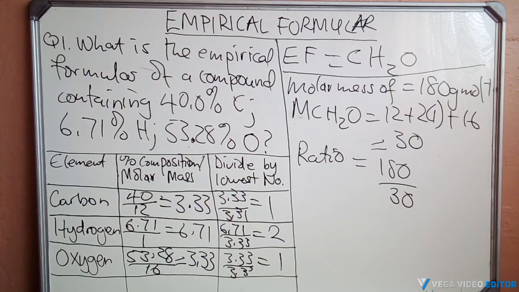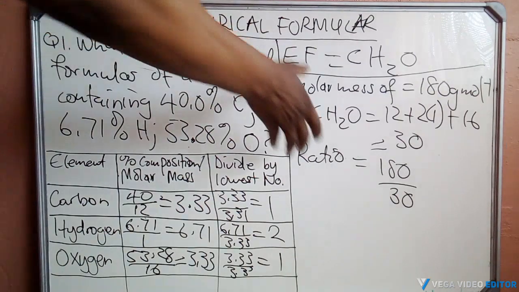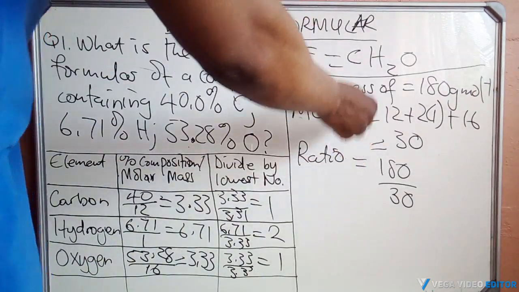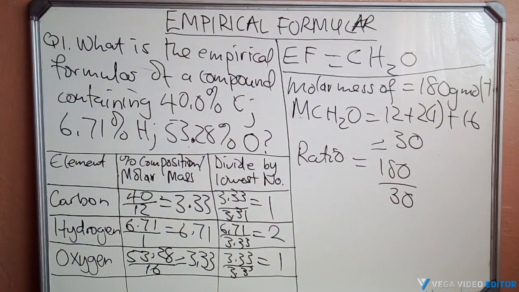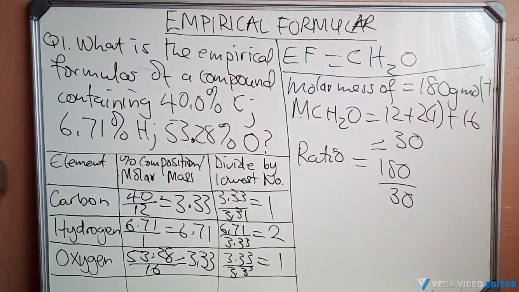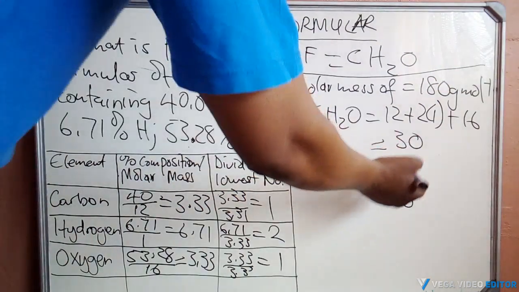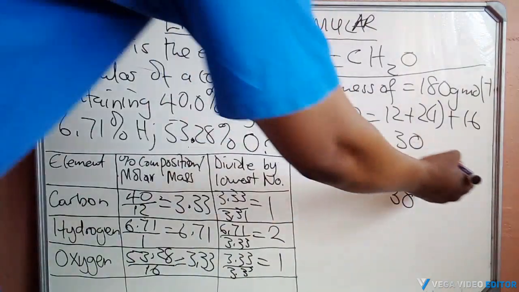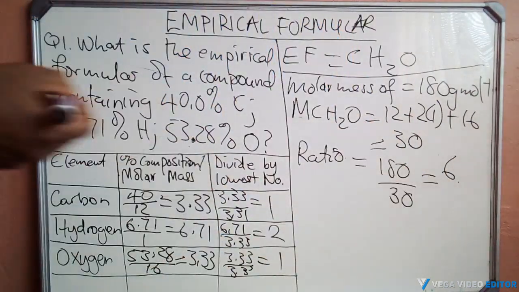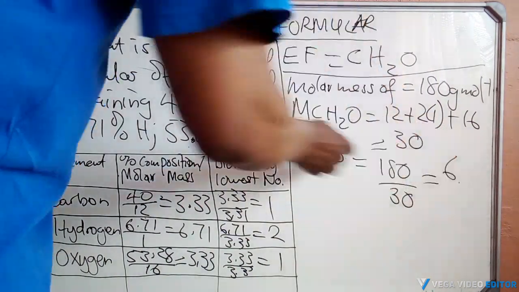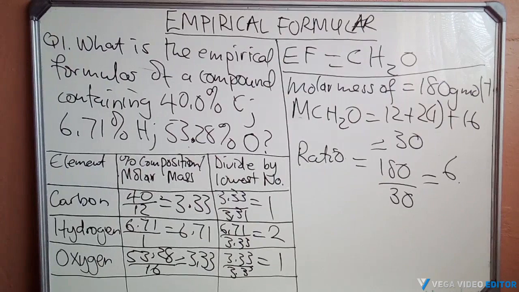What we're interested in finding here is the amount of moles in that particular 180 grams per mole. As you can see, 180 divided by 30 will give you 6. Now that we found 6, we multiply the 6 with the empirical formula.